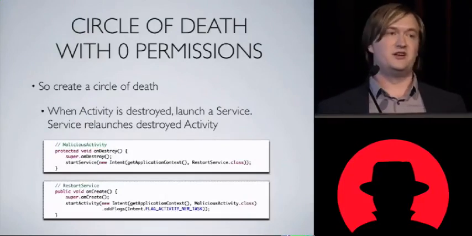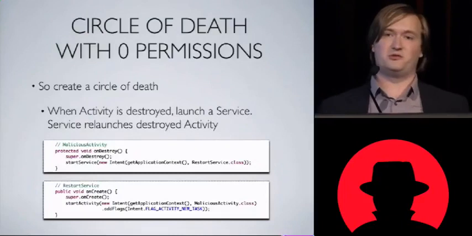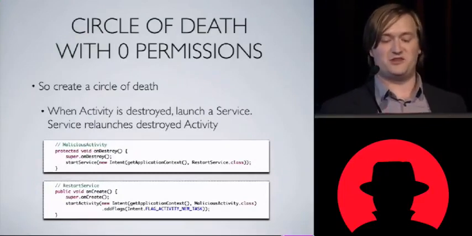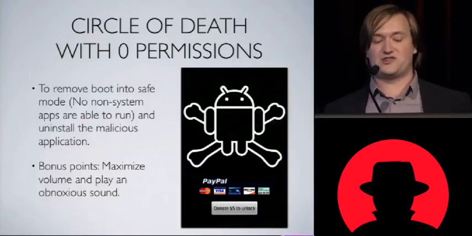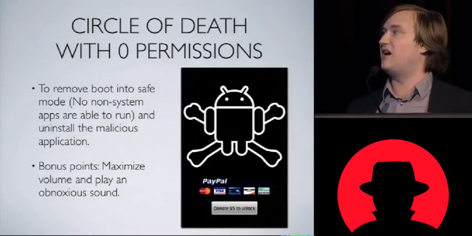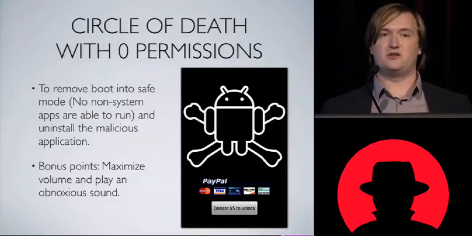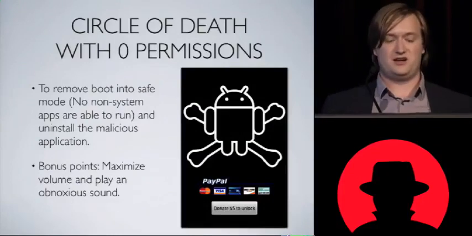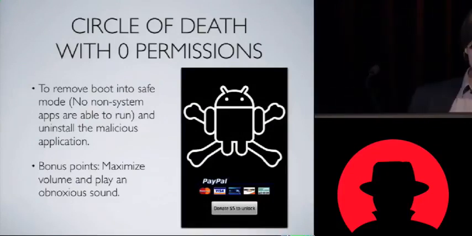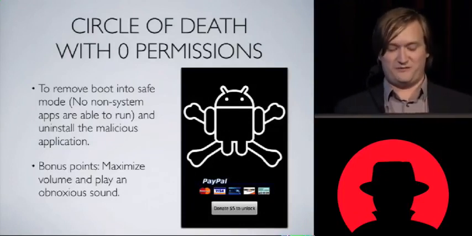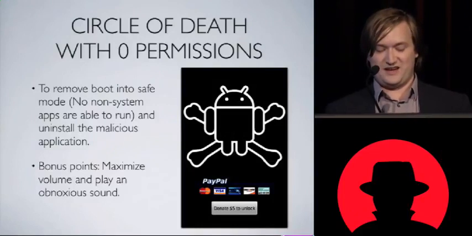So it's just a cycle, and then as soon as that app dies again, the service would start again, launch the activity again, and you wouldn't be able to escape from this without, say, restarting your phone, or you can actually reboot into safe mode, which makes it so no non-system apps are running on your phone, and then you could find the malicious app and uninstall it. And if you want some bonus points, you can do something fun like play a nice sound.